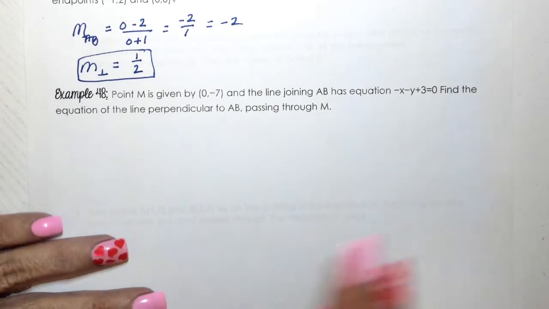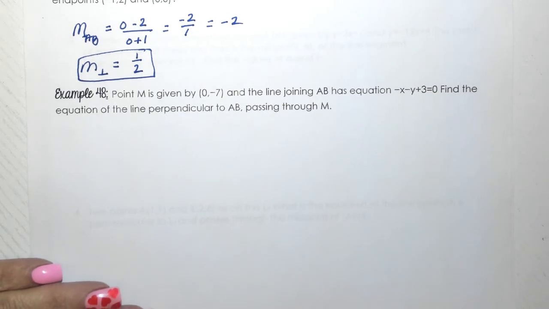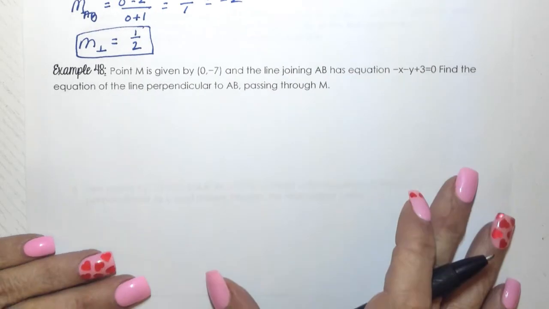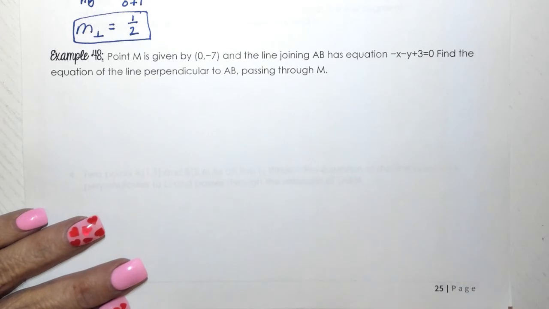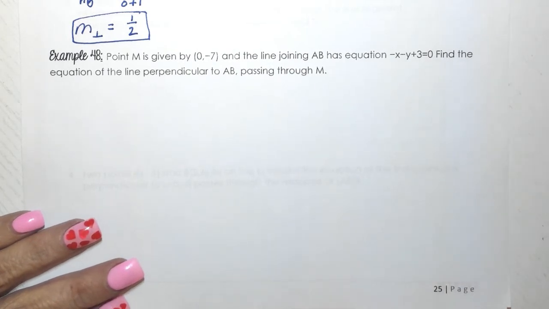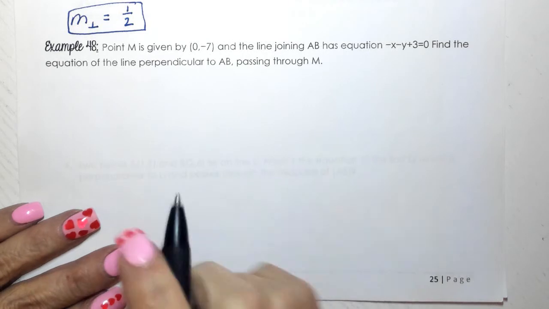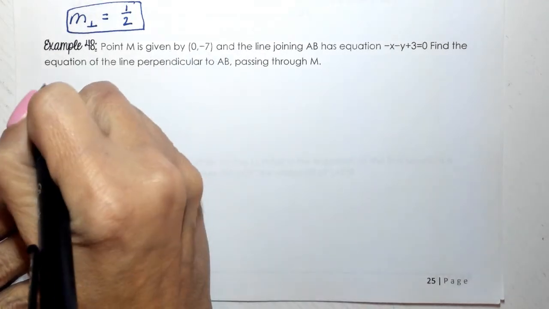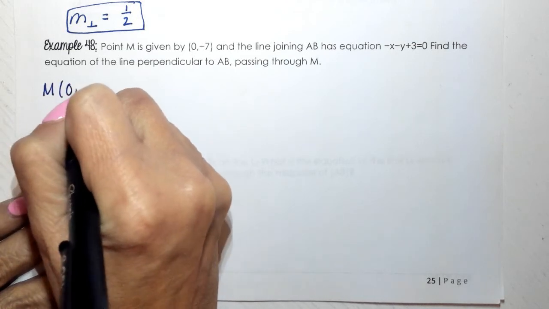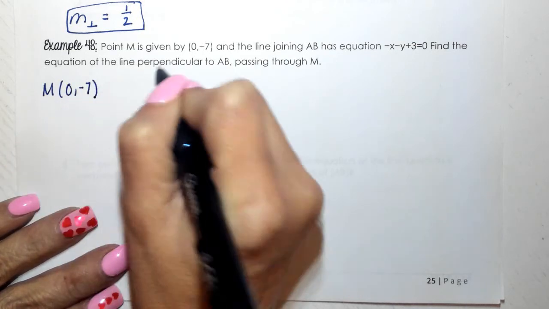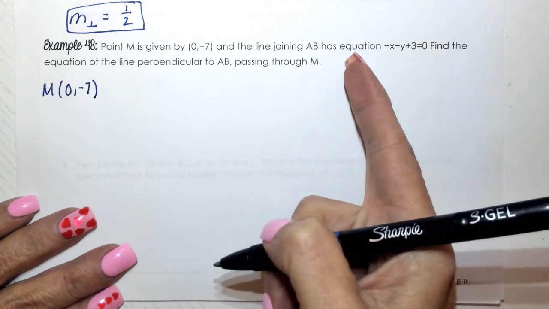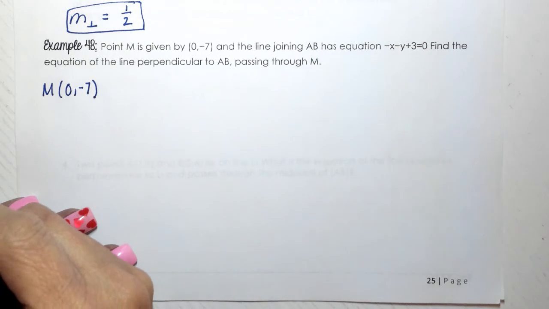All right. Number 48. Point M is given by 0, negative 7, and the line joining AB has an equation of that. Find the equation of the line perpendicular to AB passing through M. All right, so for this one, we need to graph this. I think I need to draw a picture. I'm very visual. So point M is given by 0, negative 7. And then we've got an equation of a line joining A and B has this line equation, right?